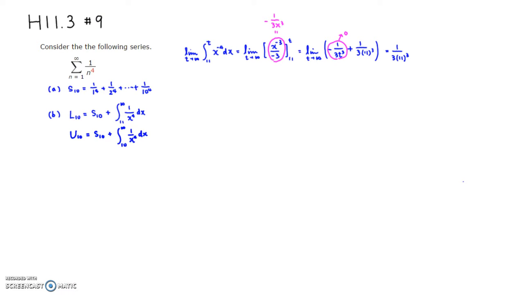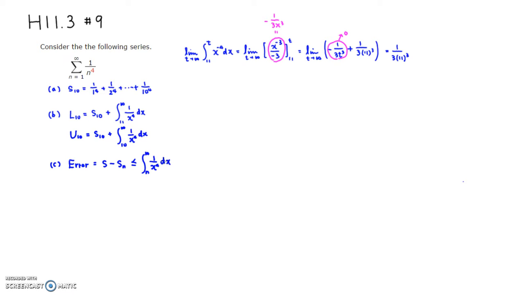So let's do that. Part C. We are looking at the error. The error is simply the difference between the actual sum s and the estimate Sn. And remember that this is always less than or equal to the integral from n to infinity of the function 1 over x to the fourth with respect to x.